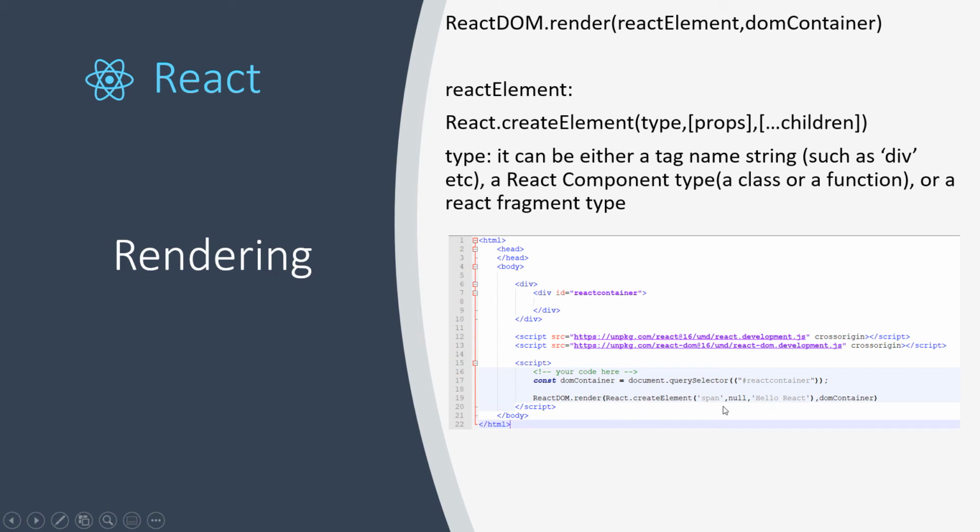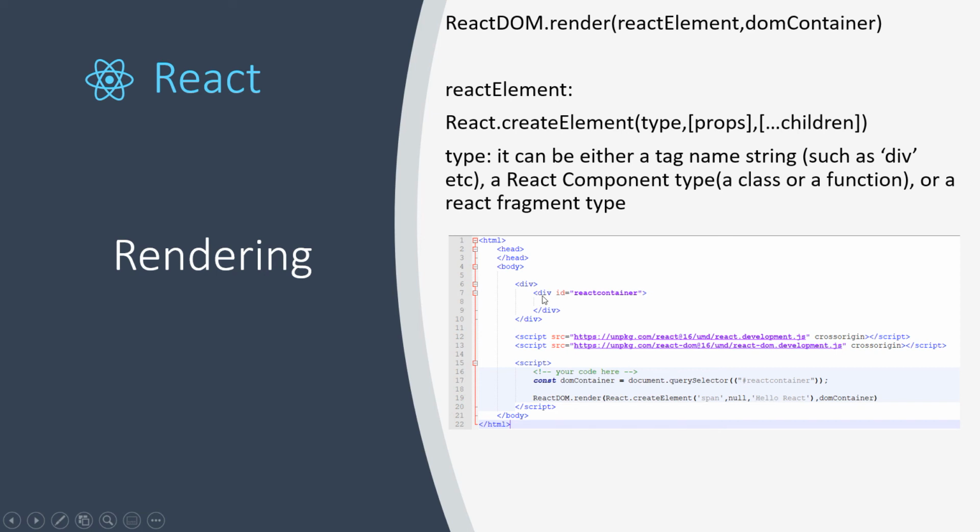Now for the first parameter, which is the React element, in order to create the React element, I have used React.createElement, which is taking three parameters. And for the first one, I used span. Now I don't want to pass any properties to this one. And the hello text will act as the inner child of this span tag, which is the text in this case.